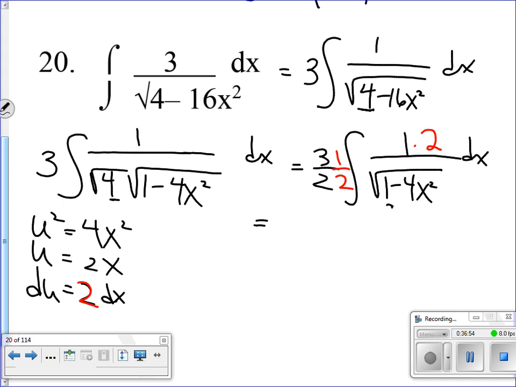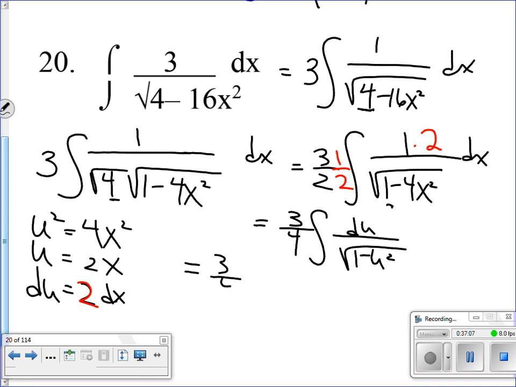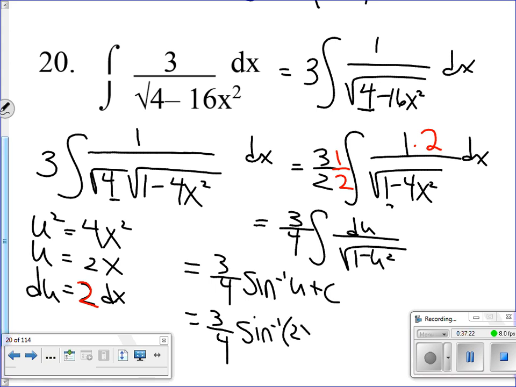Now we rewrite it as 3/4 times the antiderivative of du over the square root of 1 minus u squared. That equals the inverse sine of u. We've taken the antiderivative, now we convert it back to x's, so our final answer is 3/4 times the inverse sine of 2x plus c.